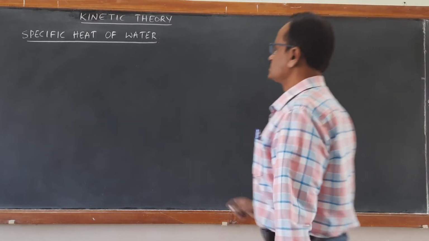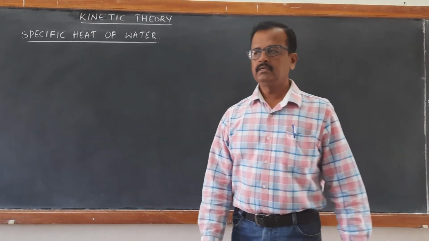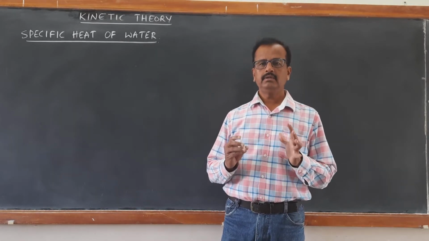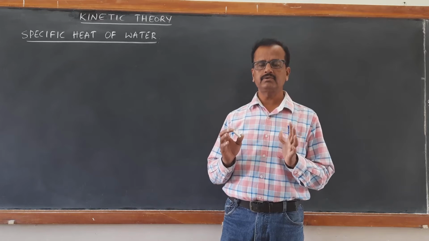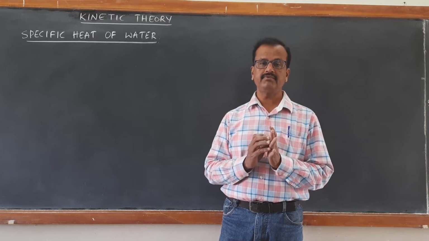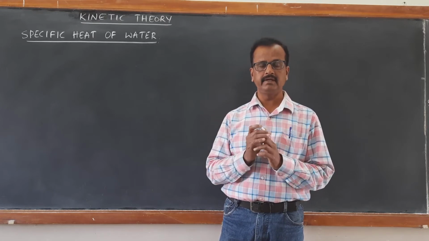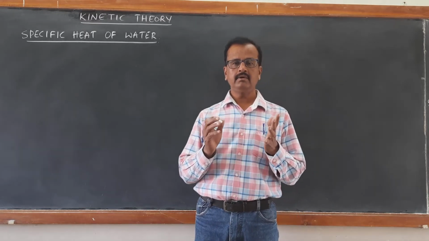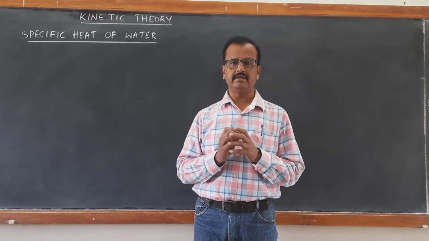Now we will calculate the specific heat of water. Water can also be treated like a solid, so the water molecules will have only the vibrational mode of energy in the liquid state, just like a solid. So each atom will have average energy 3 kBT.